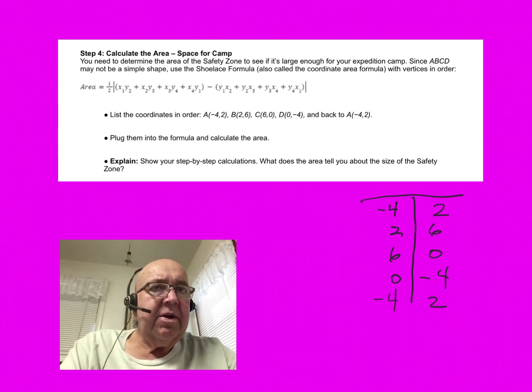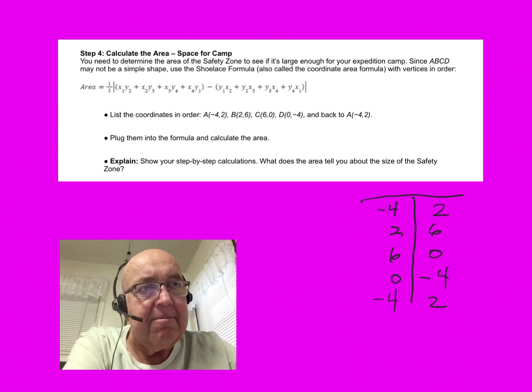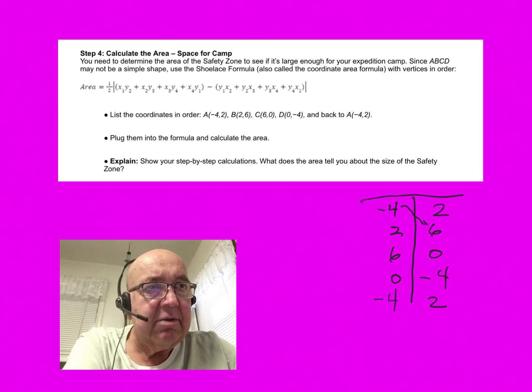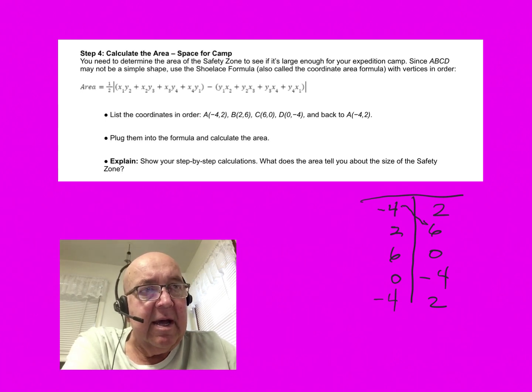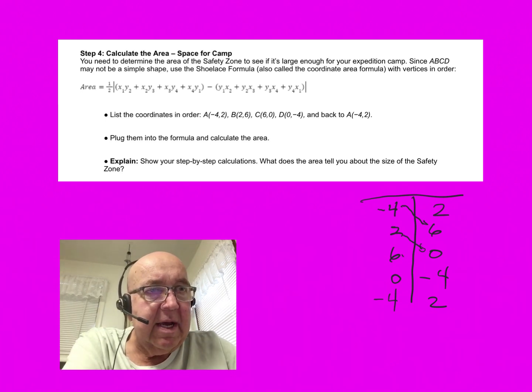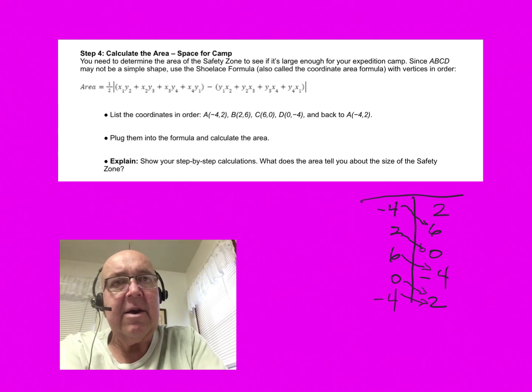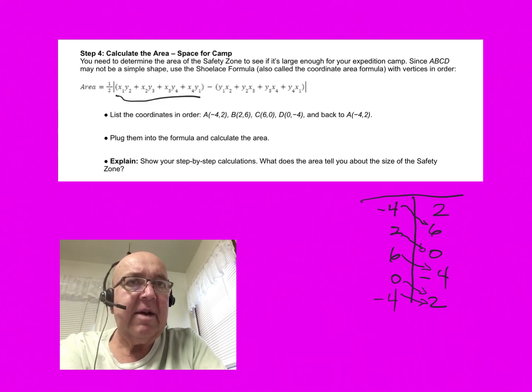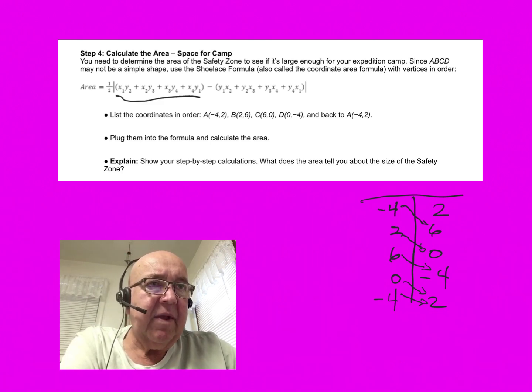And what I'm going to do is multiply the diagonal this way, the diagonal this way, the diagonal this way, the diagonal this way, the diagonal this way, and add all of those up to get my x times y values.